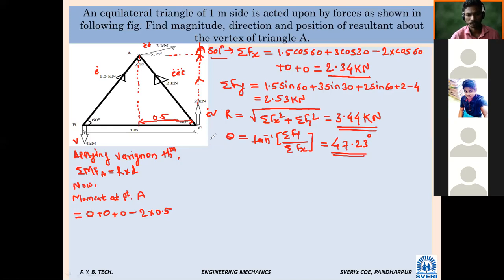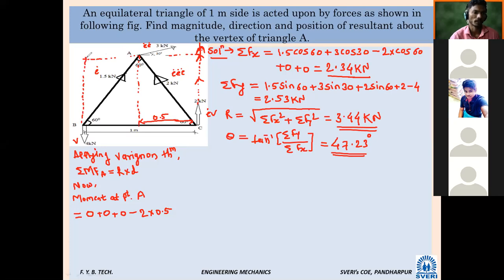Any problem for anyone? No, sir. One force remains now. Fifth force, 4 kilonewton. Similarly, you can apply the same logic now. So 4 into half, plus or minus? Negative. Again, it will rotate anti-clockwise. From A, I will extend a line in this direction, and from point B, I will extend.